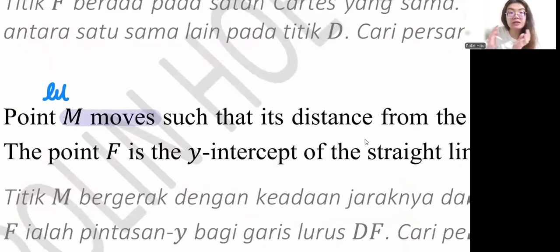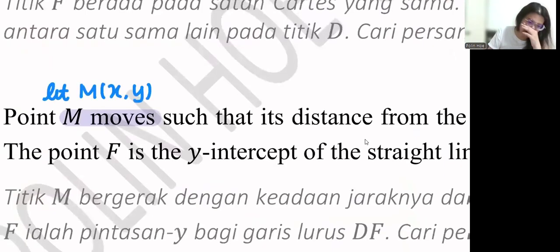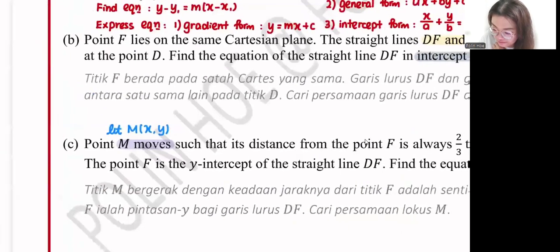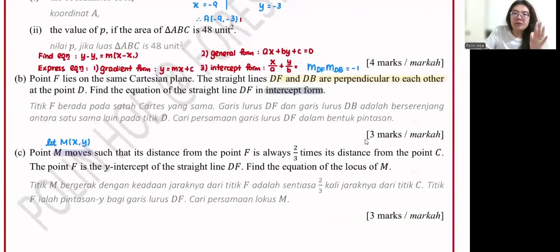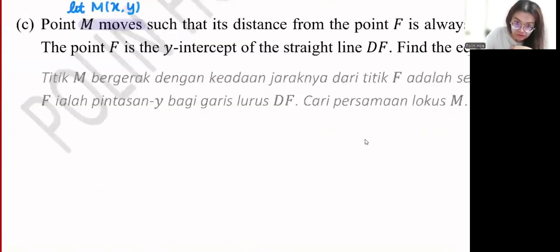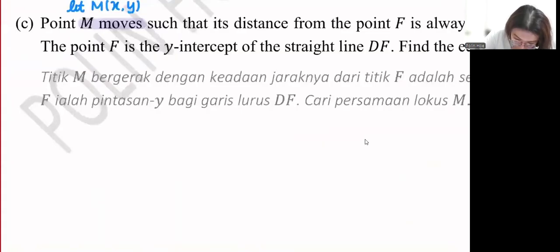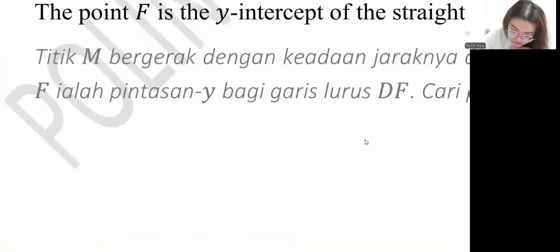Since it's a moving point, later I need to find the locus. 我就要放它这一个 such that its distance from F is always 2 over 3 its distance from point C. M to F is 2 over 3 times M to C. Write this down first.